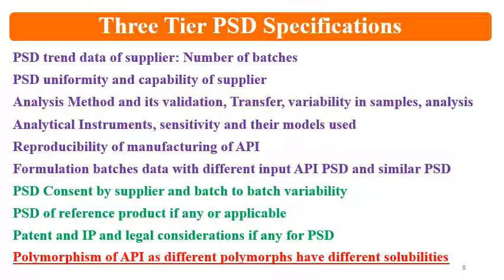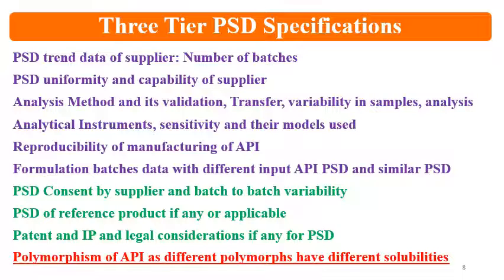Always have PSD trend data from the supplier. Ask your supplier to give the PSD data of a number of batches so that you can understand the batch to batch variability, and then you can go for the best suitable PSD specification. Understand the PSD uniformity supplied by the supplier or vendor and understand their process capability.